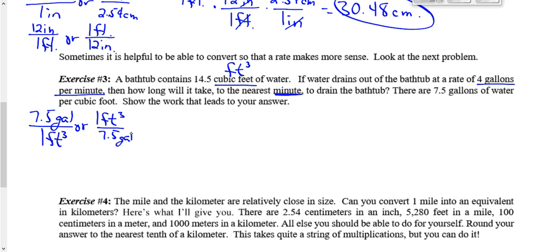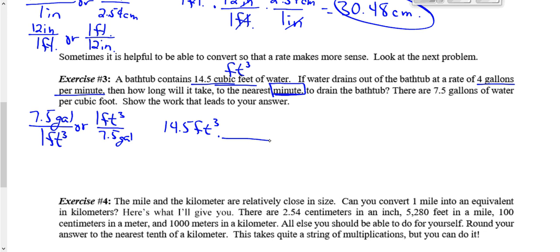Okay. So we start out with 14.5 cubic feet. And what do they ultimately want as your last unit? To know how many minutes. So every single unit has to cancel except for minutes. So we start with 14.5 cubic feet, times something.